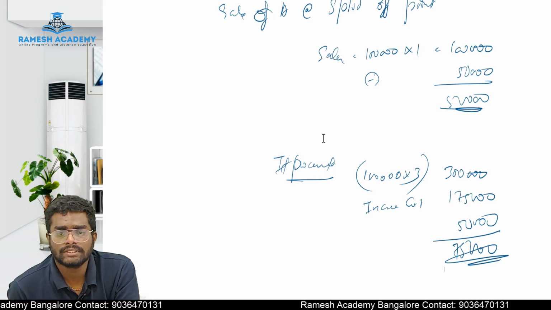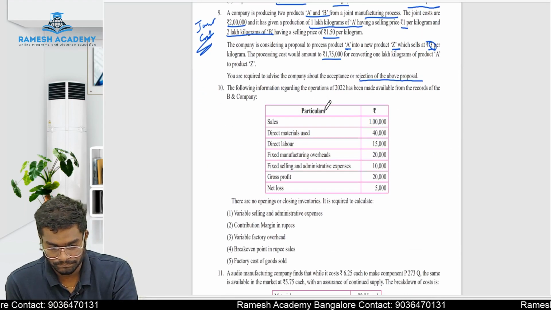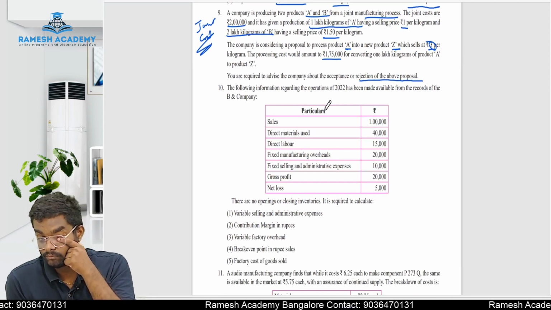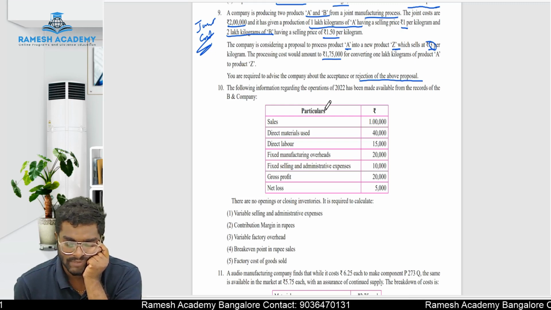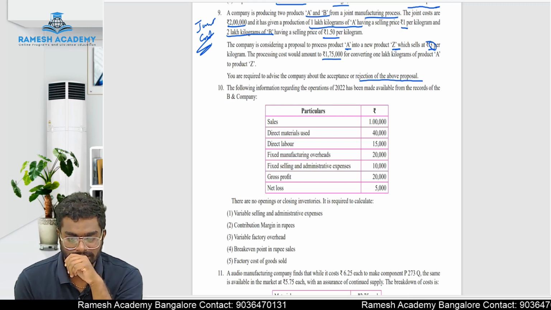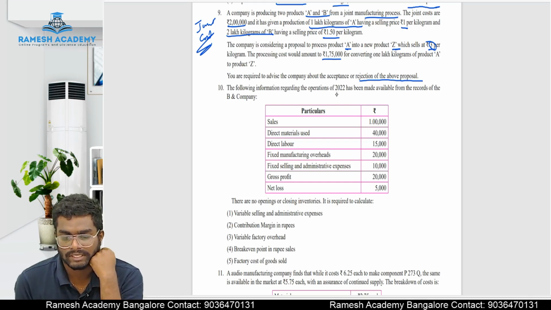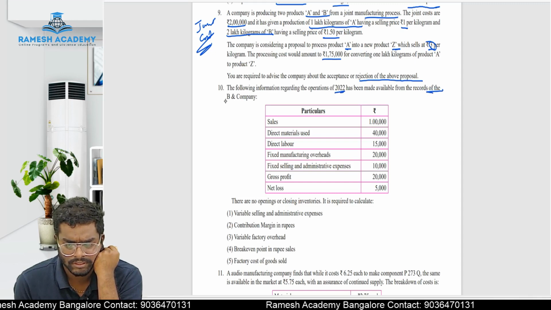So now we'll see the next question. Question number 10. This one is referring to cost sheet and marginal costing, both things, so we should be careful here. The following information regarding the operation of 2022 has been made available from the records of the B and company.